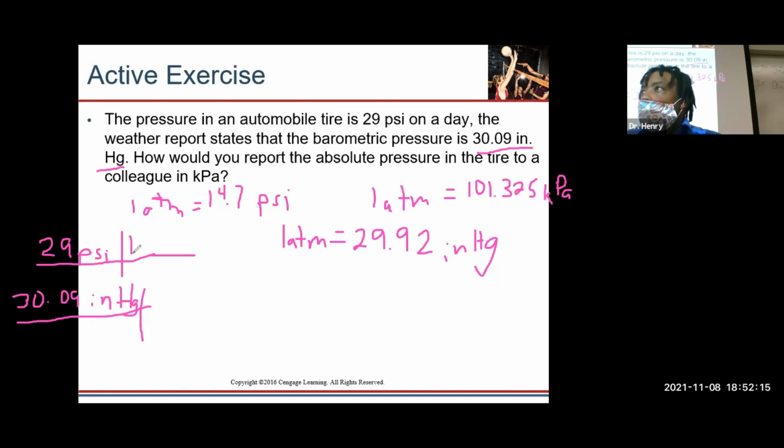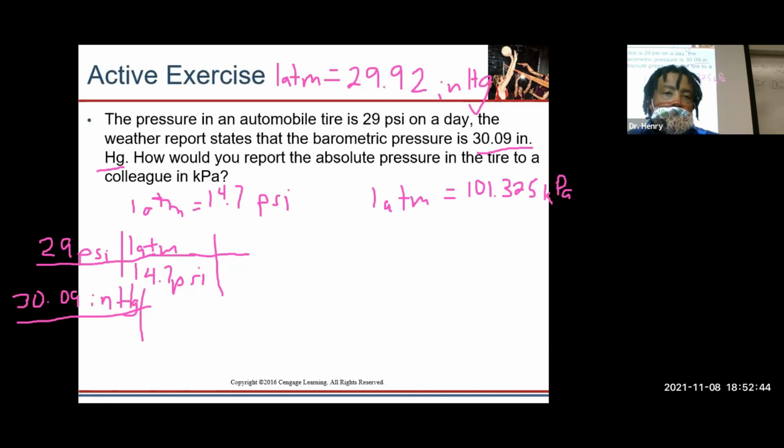Okay, so 1 ATM over 14.7 PSI. Okay. And okay, so that gets me to ATMs. Is that what I want? What is it that I want my answer in?